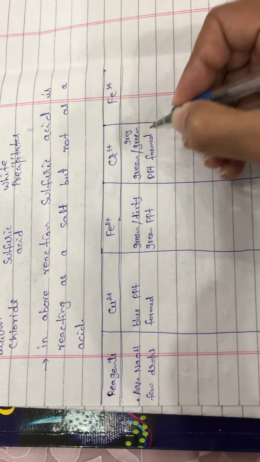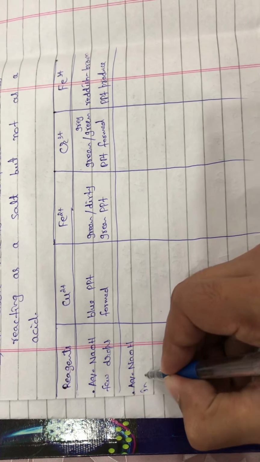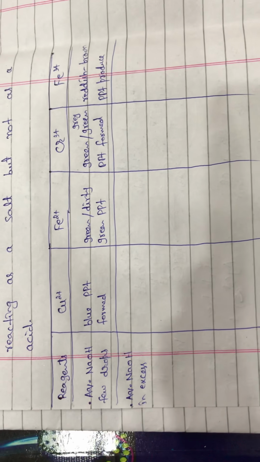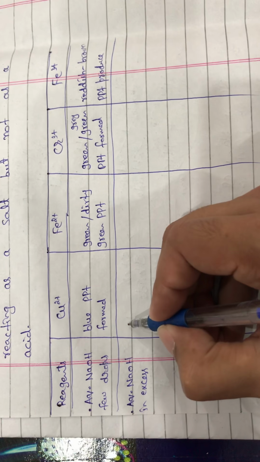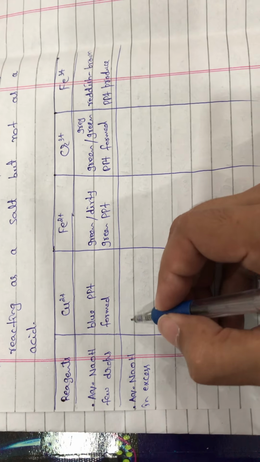Next, aqueous sodium hydroxide in excess. Now we will add aqueous sodium hydroxide in excess. So for the copper 2 ions, precipitate insoluble. Over here for iron 2, precipitate insoluble.